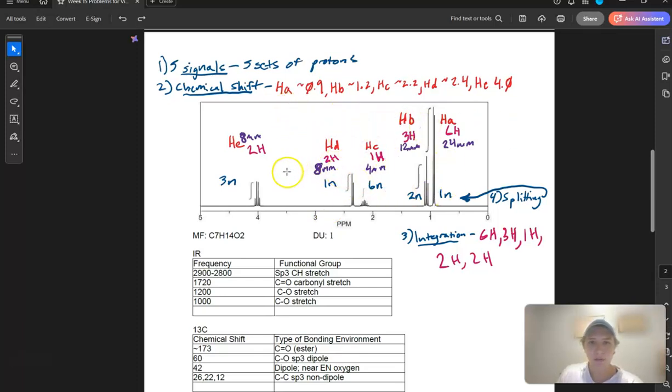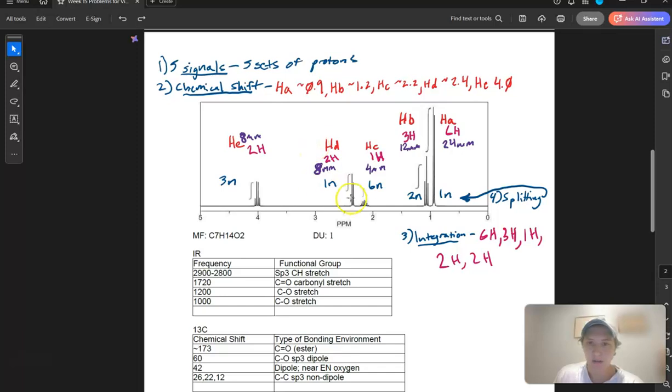For the proton NMR, we have 5 signals, so 5 unique sets of protons. Annotated the chemical shifts here. These labels aren't in any specific order. I just worked from upfield to downfield and labeled as such. I did measure these peaks in millimeters, just rounded to the most round number that would be easiest divisible by.